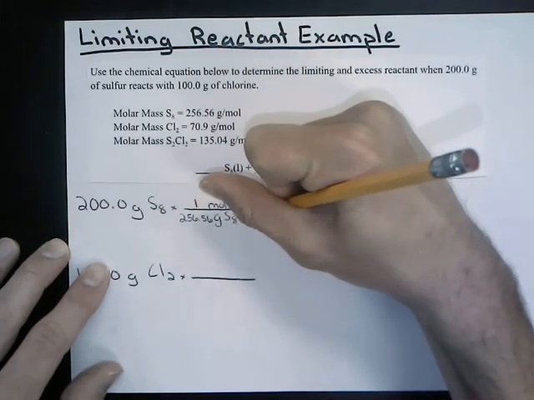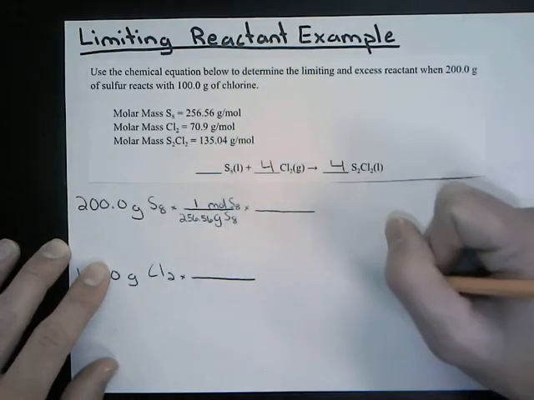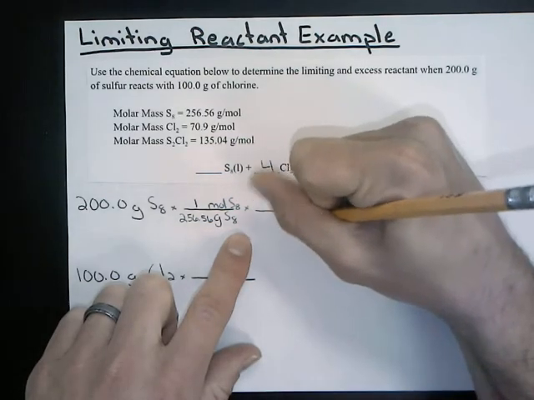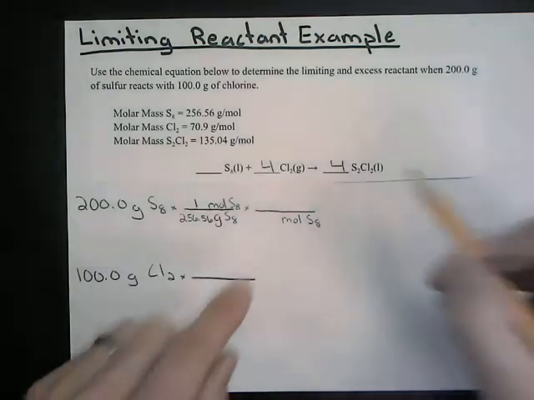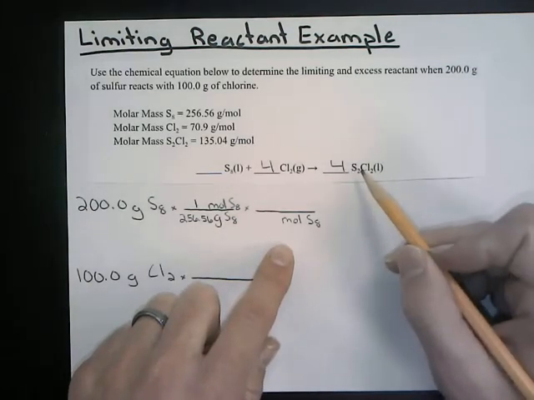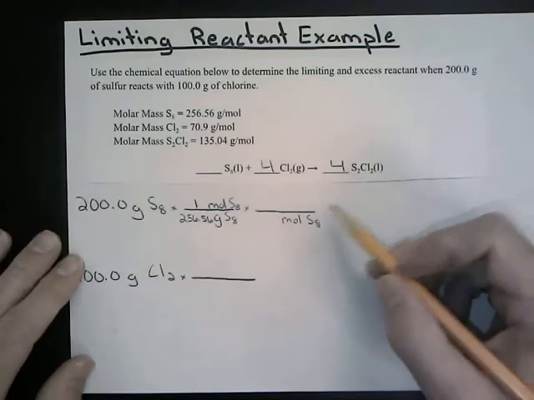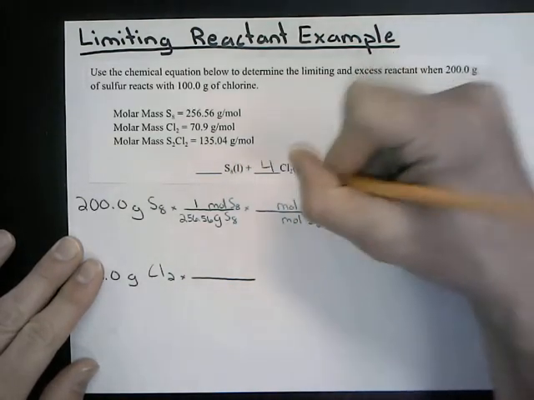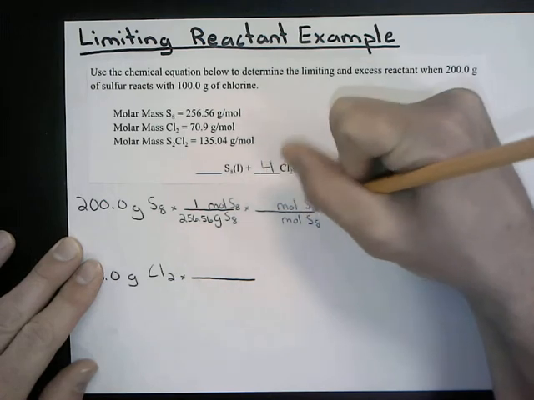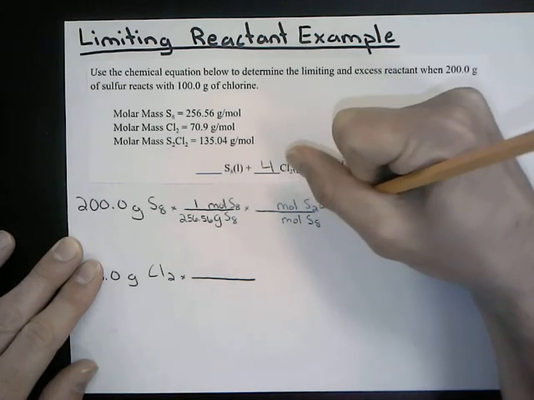Now we have to have our next conversion, and again we're going to get rid of moles of S8. On top, remember we're trying to get to grams of our product here, but we can't do that in one solid step or one sweep. So we're going to go to moles of S2Cl2.